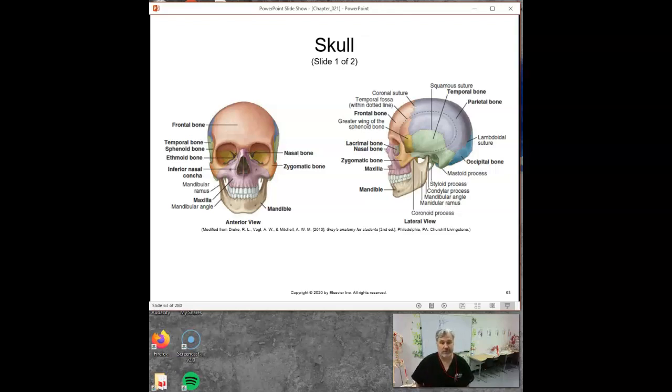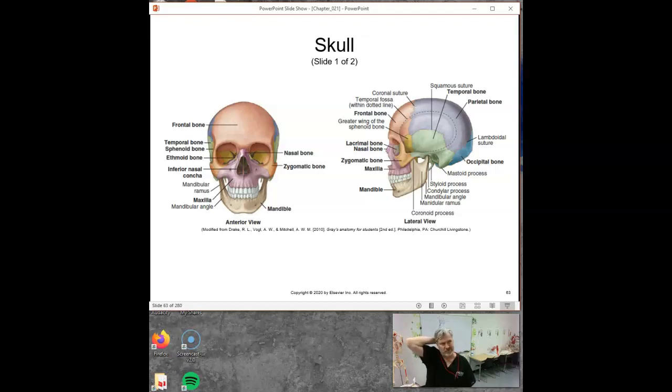We have not done skull yet, so I won't get into any of this yet, but we will. Some of the bones are actually quite obvious, and some of them you probably already know. On the back of your head, you have your occipital bone. I would guess this is the one that most massage therapists know because we care about rubbing the occipital region, right? Because there are 8, what are they called?